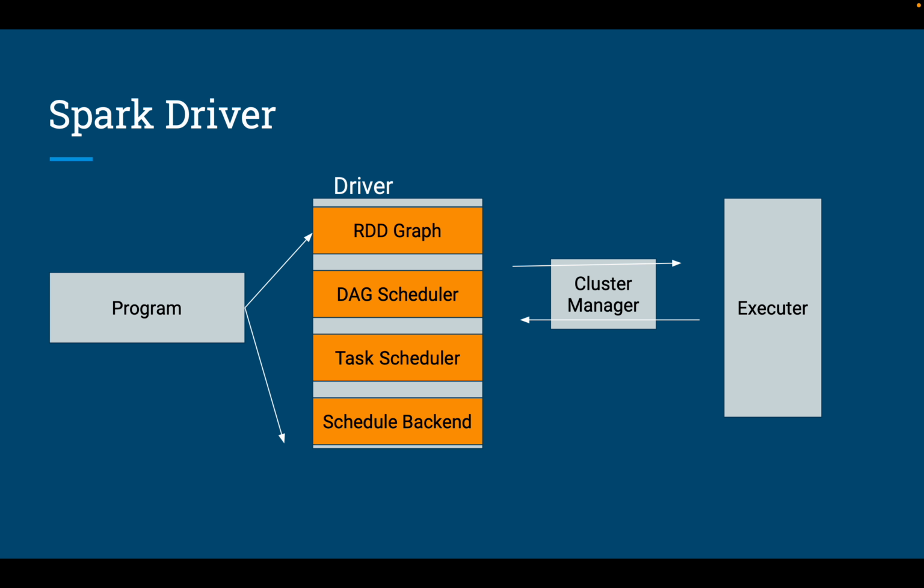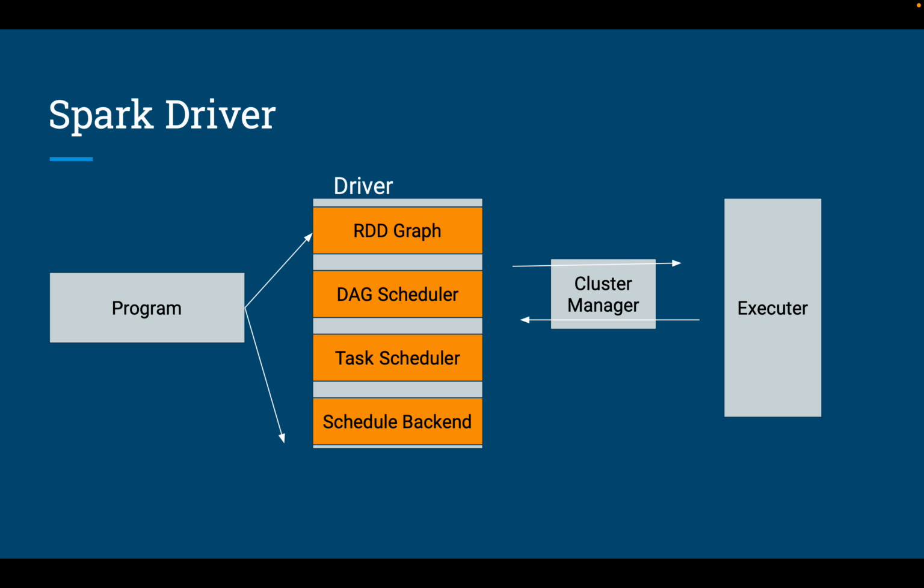Going back to the previous slide. Once we have multiple tasks, we need to execute them. The DAG will coordinate with the task scheduler, and the task scheduler will execute the tasks in parallel. For that it will use the cluster manager to execute them on different nodes.